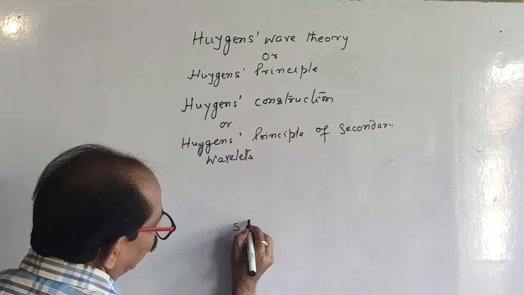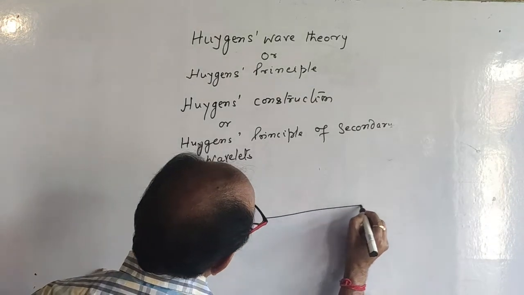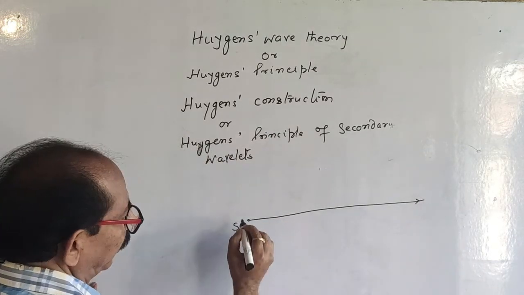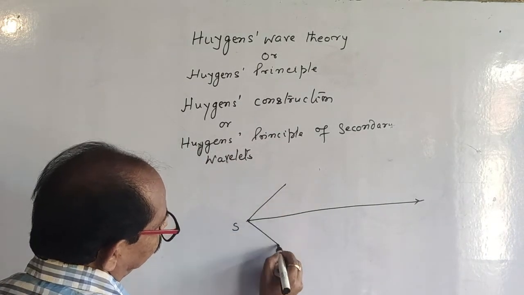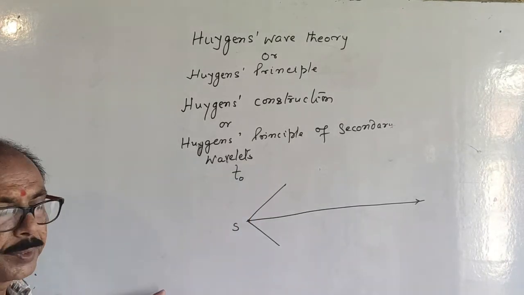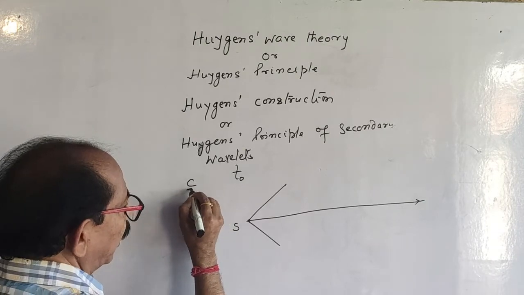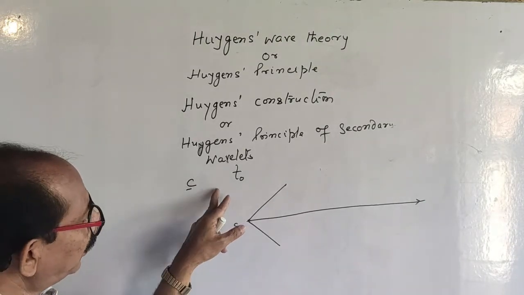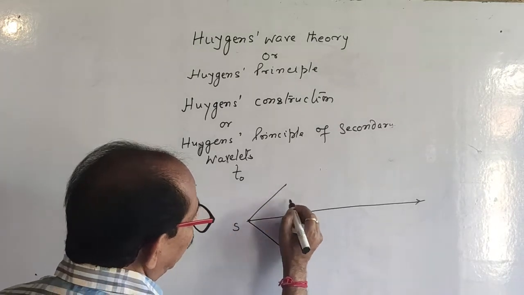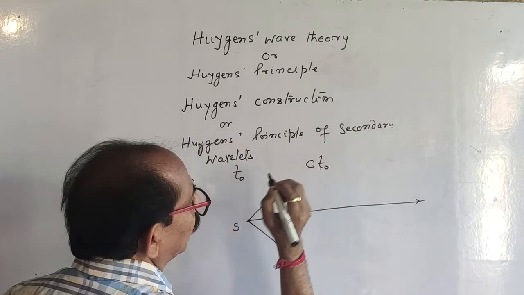This is the point source S. It sends out rays. Suppose that at any time t naught, c is the velocity of light, it travels a distance c t naught.